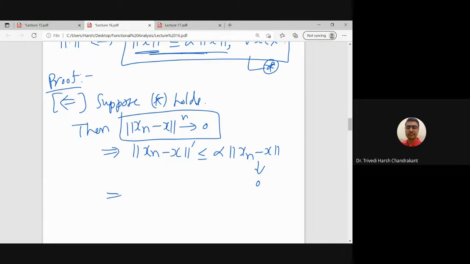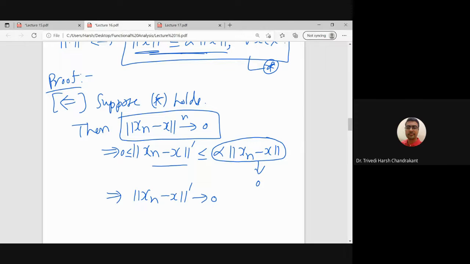Therefore norm of xn minus x dash converges to 0, because this is always non-negative: 0 is less than or equal to this term, which is less than or equal to the term which converges to 0. Therefore xn converges to x in the dash norm.